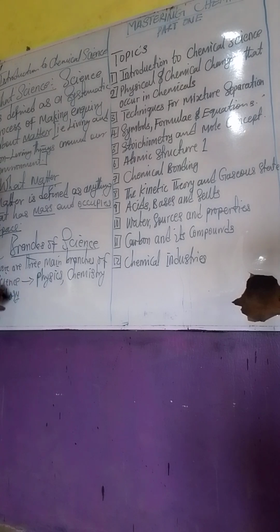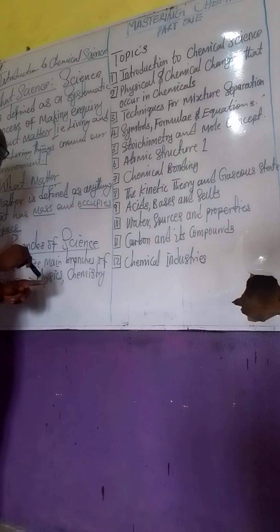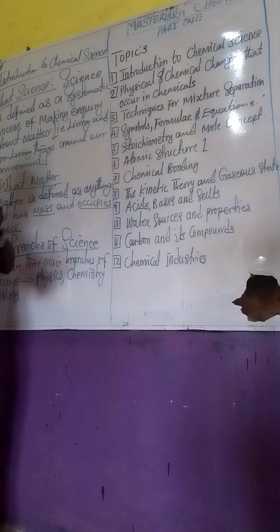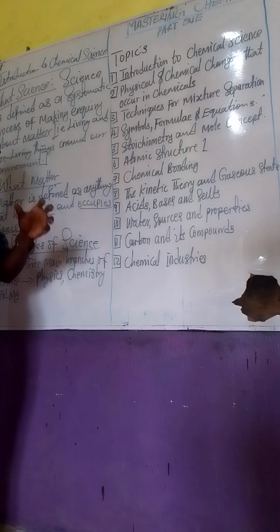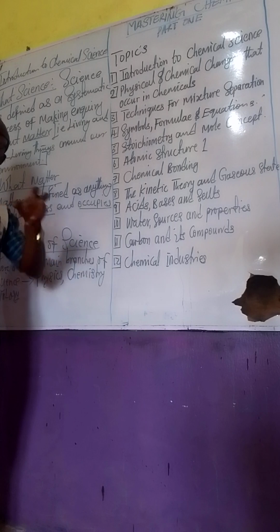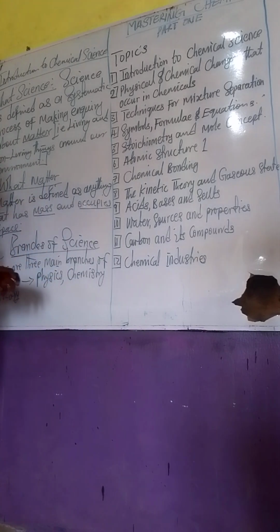Now, biology is a branch of science that involves the study of living things. It is a fascinating study that ranges from microscopic cellular molecules to the biosphere, the surface of living things.